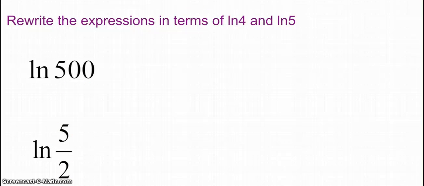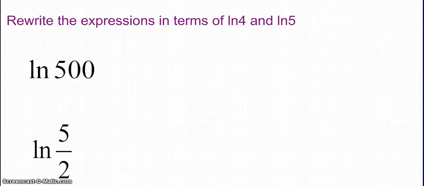Alright, so now we want to rewrite the expressions in terms of the natural log of 4 and the natural log of 5. So I'll do the first one with you. There's a few approaches you can take. So basically we're trying to think of how can we split up 500 into factors of 4 and 5.